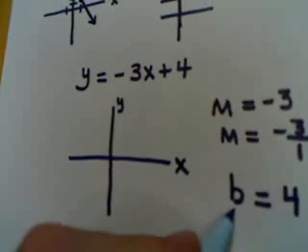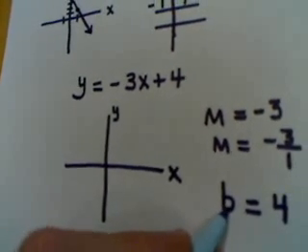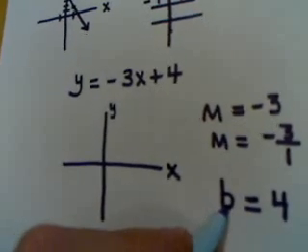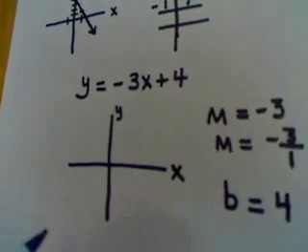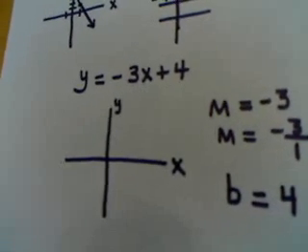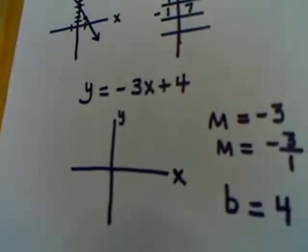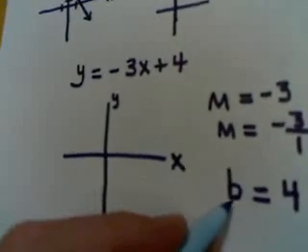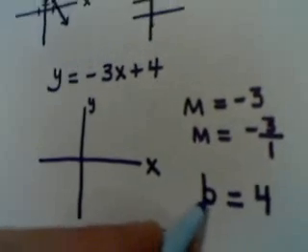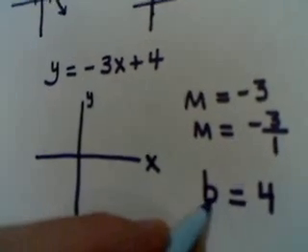All right? I always teach my students, think of B as begin here. Don't start with the slope. Slope is not a location. Slope is the rate at which you're climbing. It's sort of directions on how you're walking up the line. We have to have a place to begin. B is the y-intercept of the line, where the graph touches the y-axis.